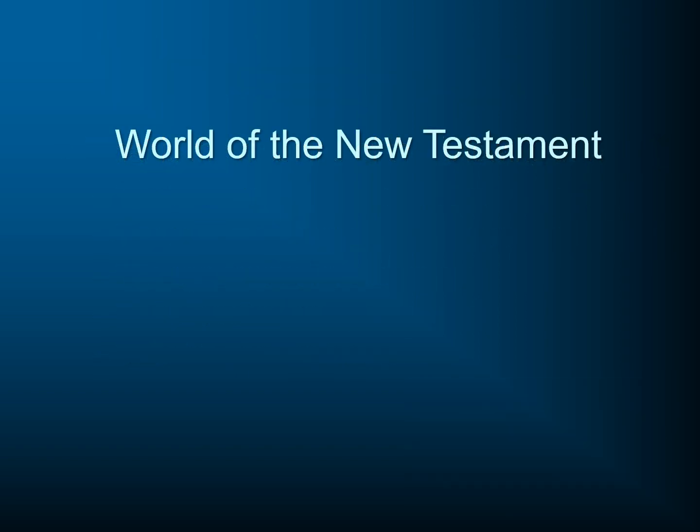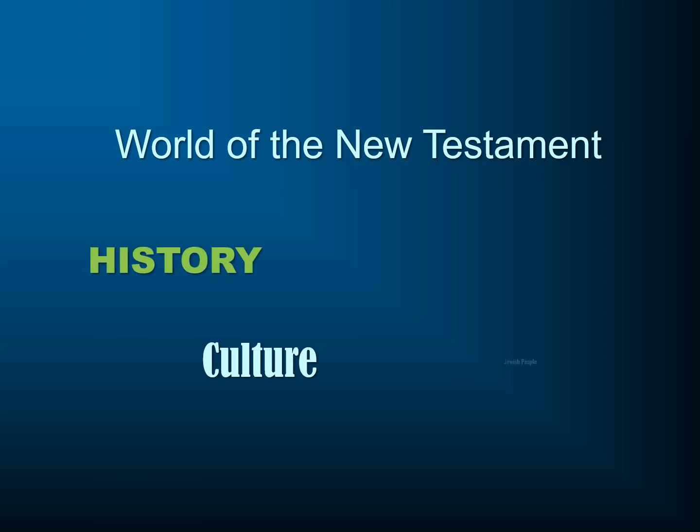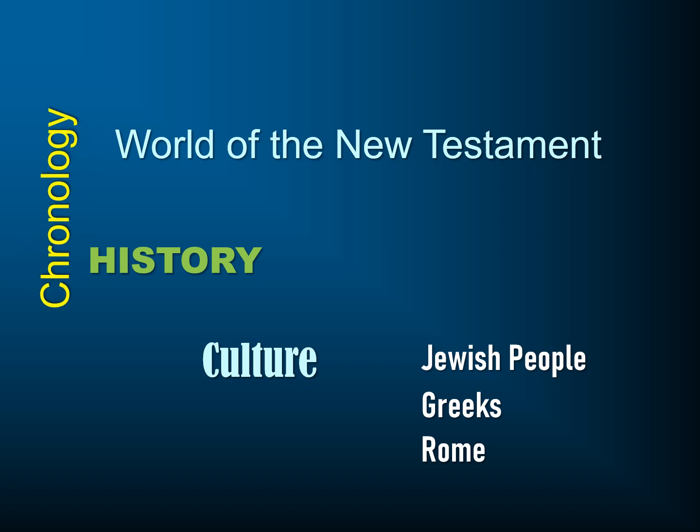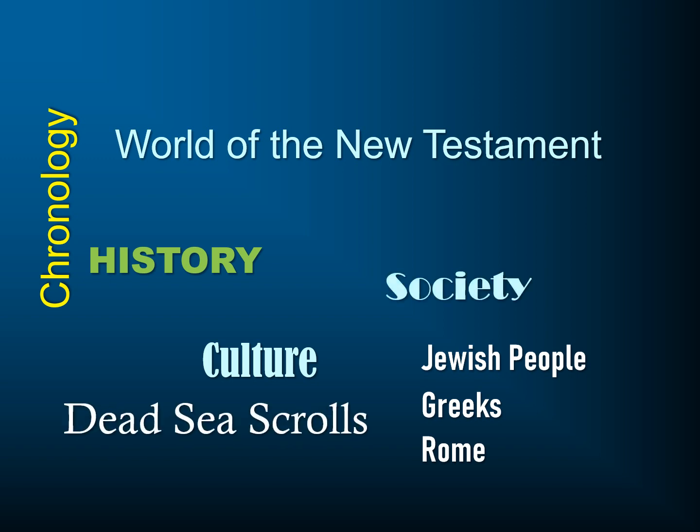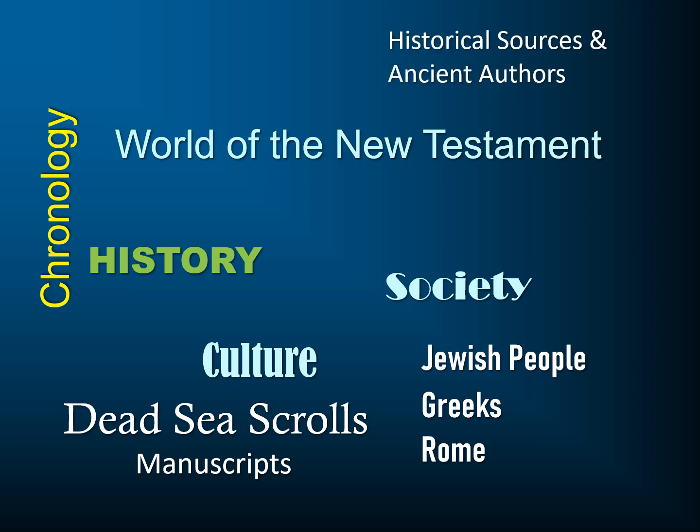And so we'll be looking at the world in the New Testament that will involve an examination of culture and history, the history of the Jewish people, of the Greeks, of the Romans. We'll talk about chronology and how all these things developed. We'll look at slices of society. We'll examine the Dead Sea Scrolls and the manuscripts, both of those writings and other related writings as well, of the New Testament too.